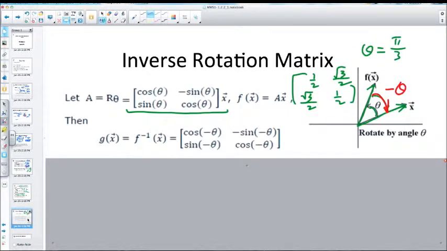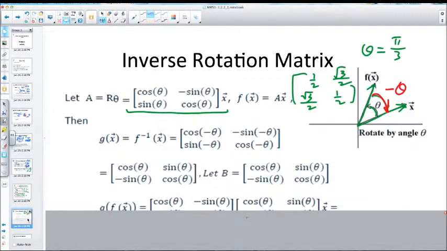So you replace theta by negative theta, and realize cosine is even, so it stays the same, and sine is odd, so this becomes positive and this becomes negative. Your inverse matrix has only one slight difference: the negative moves from this corner to this corner.